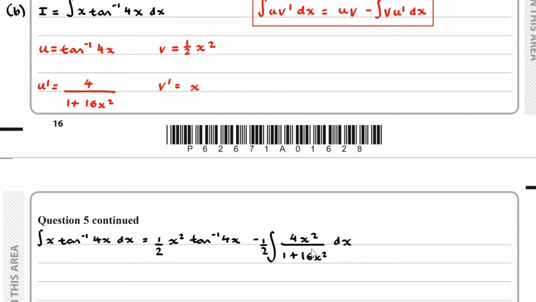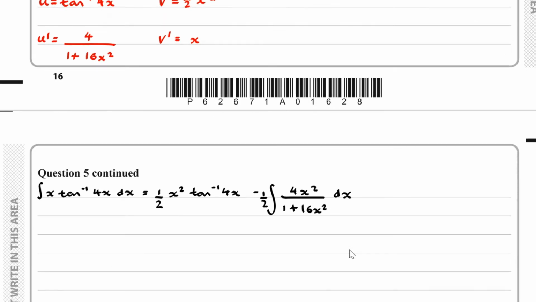And now what we need to do is figure out what this result is. And we can do that by considering the Pythagorean identities. So let's just write this down in a different colour.